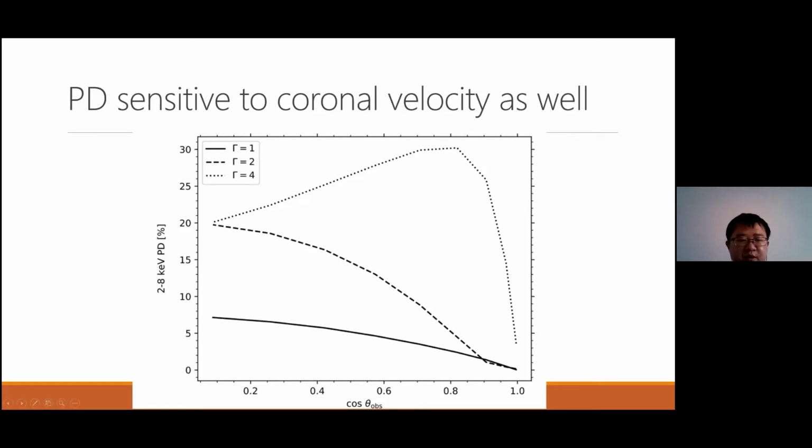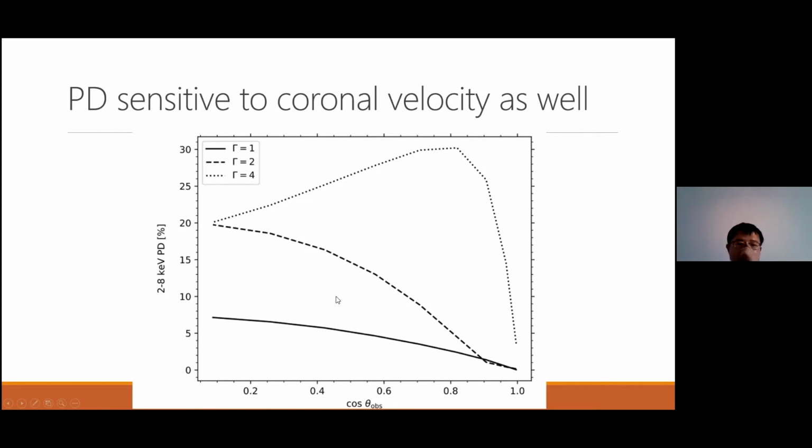So here I show the 2 to 8 keV polarization degree as a function of the cosine of the inclination angle. I chose 2 to 8 keV because it's the energy band of the X-ray polarimeter, and from bottom to top is the increasing Lorentz factor of the corona.